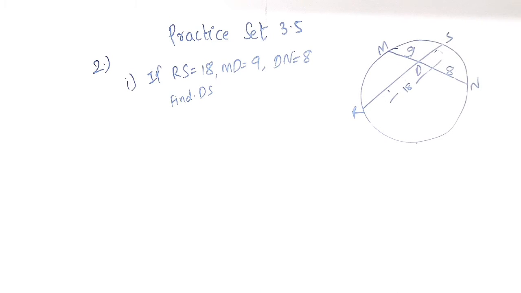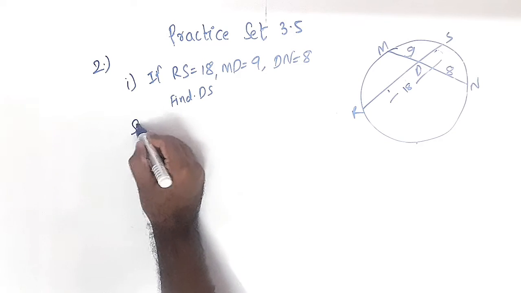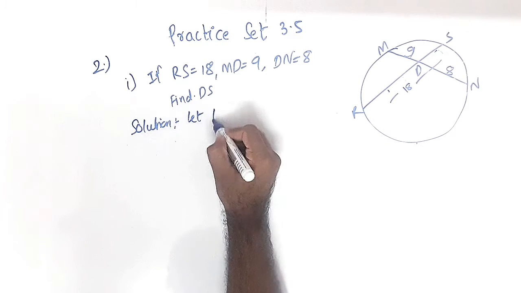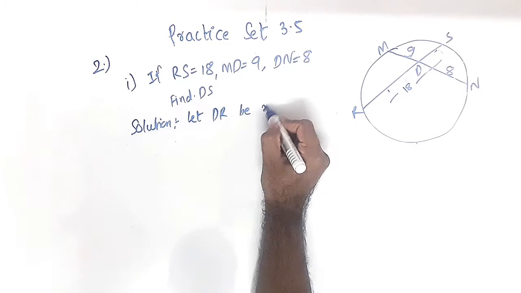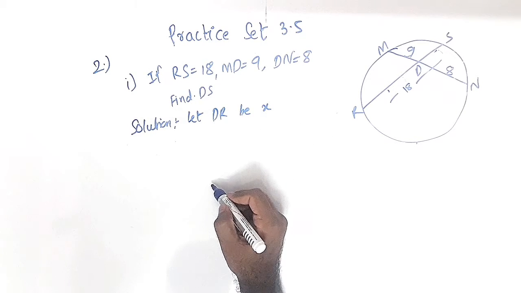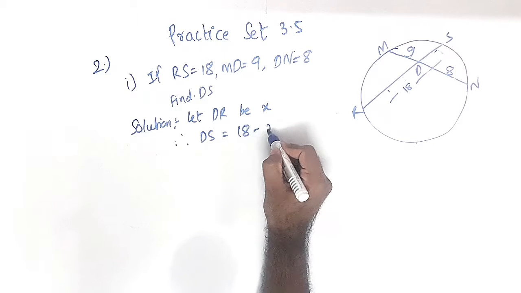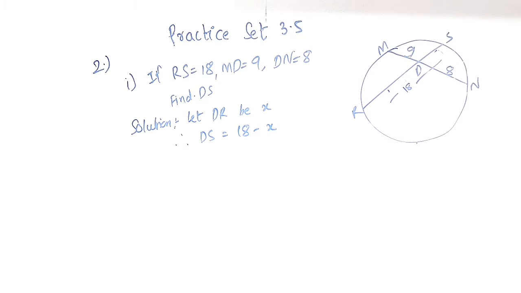So let us begin. We will find DS. Solution: let DR be X. Therefore, DS is equal to 18 minus X. Correct?